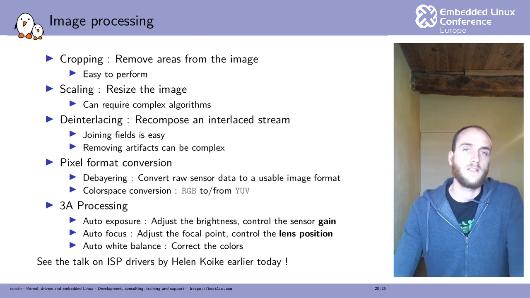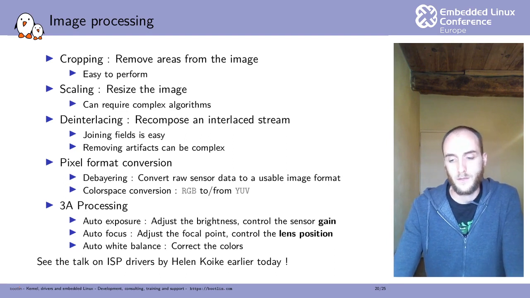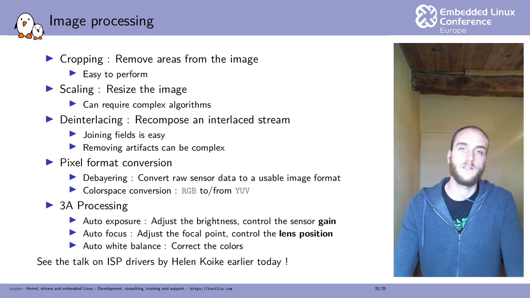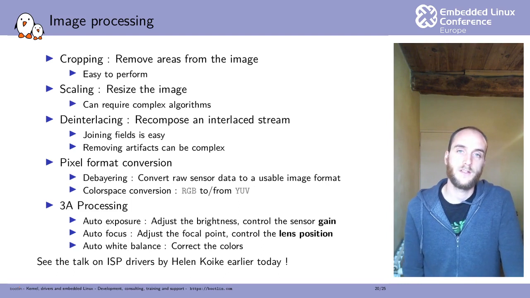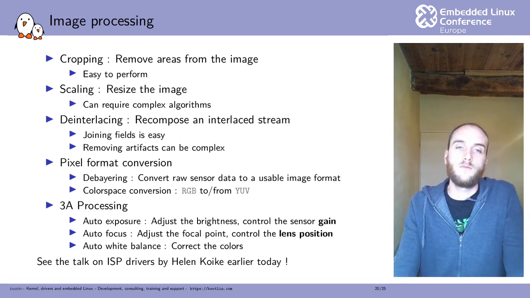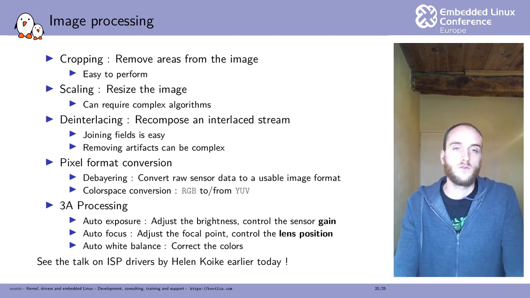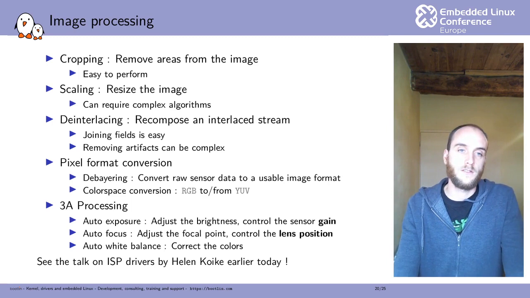Inside the ISP, the image signal processor, you can do a lot of various things. Sometimes it is a very, very small block that is embedded inside your camera interface that just deals with cropping, for example. Cropping is the action of removing areas from an image, so getting rid of information that you don't really care about to resize your image.